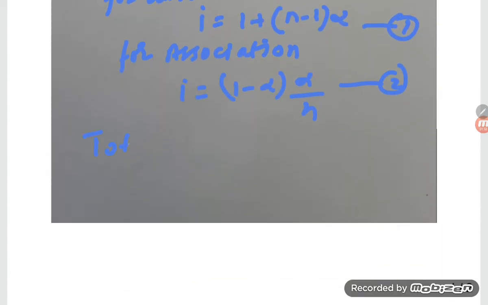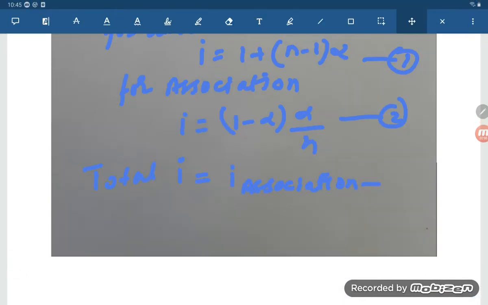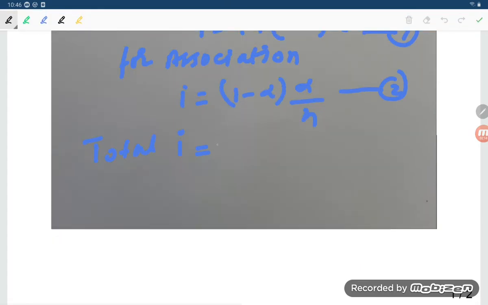So if you want to calculate total i, total i means i dissociation plus i association. Better you write i dissociation, so that it will be easier to understand. So first you write i dissociation, and then i association, right, student?